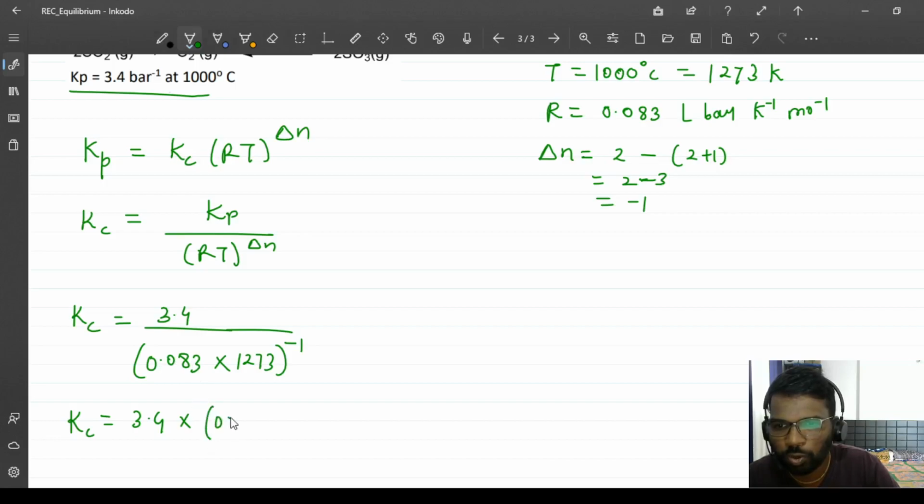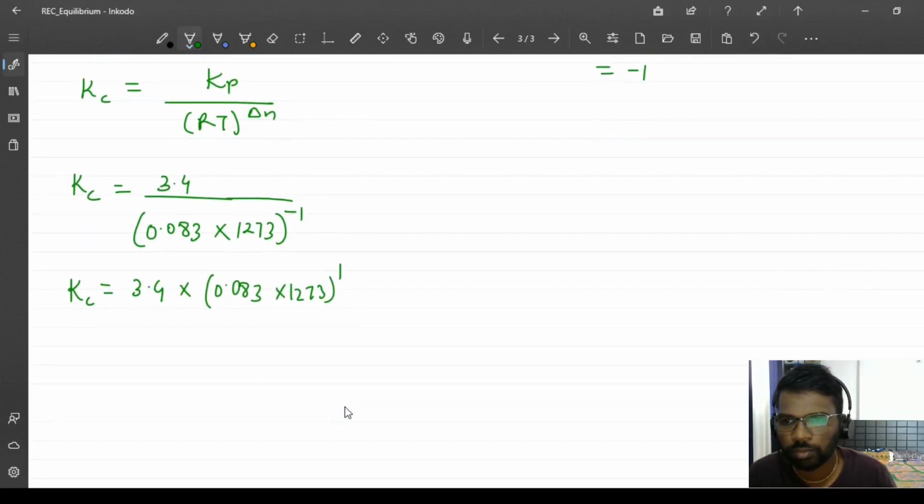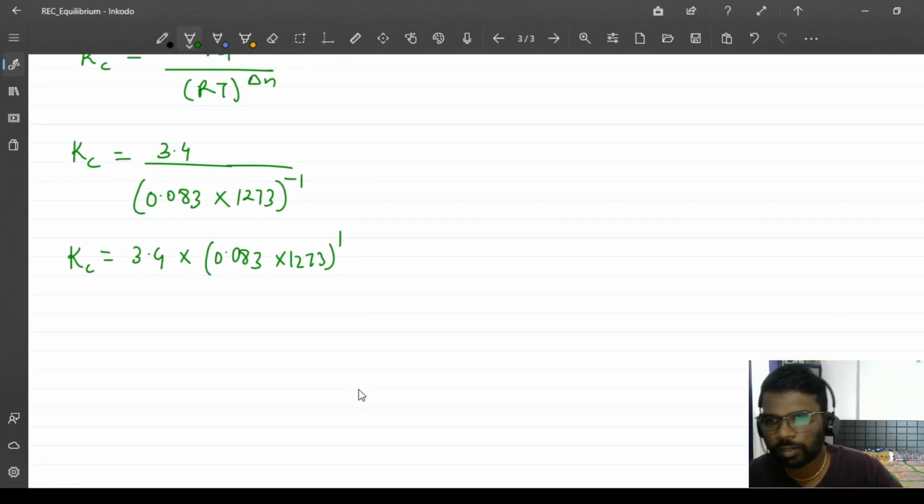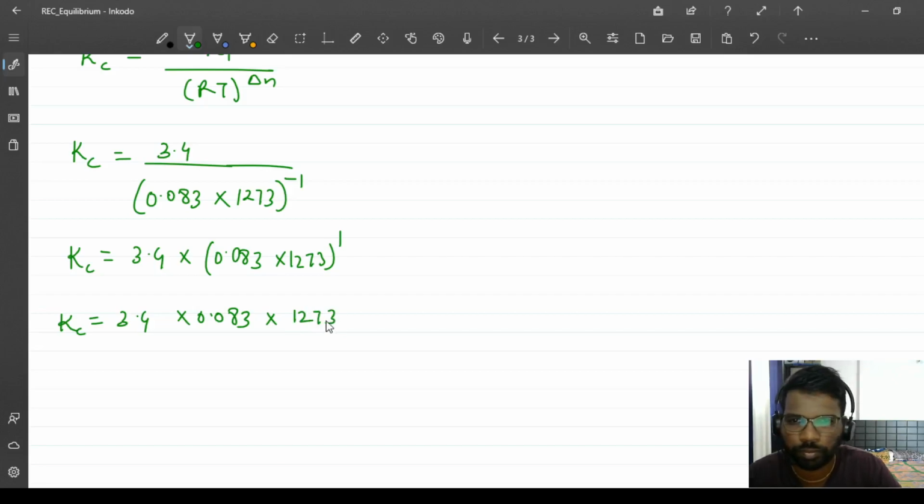This I am writing 0.083 into 1273 raised to 1. So therefore Kc will be equal to 3.4 into 0.083 into 1273, right?